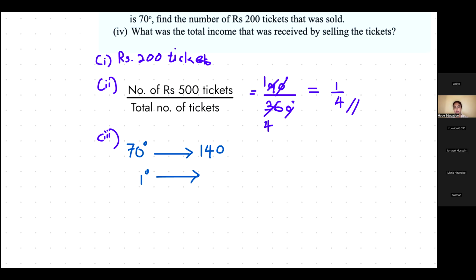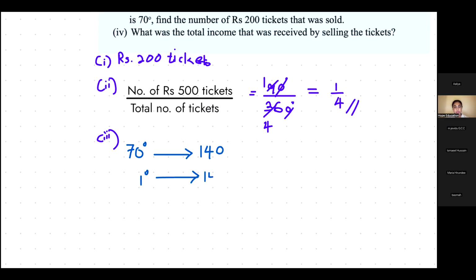Correct. Yes, Maria, Basma. 70 degrees represent 140. Now 1 degree represents 140 divided by 70. So 1 degree represents 2 tickets.